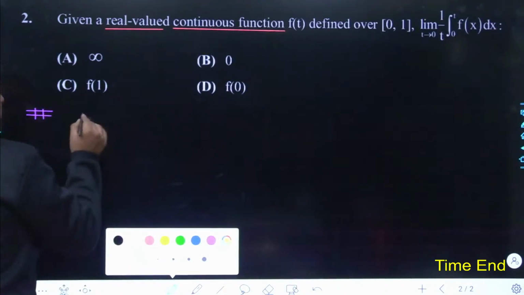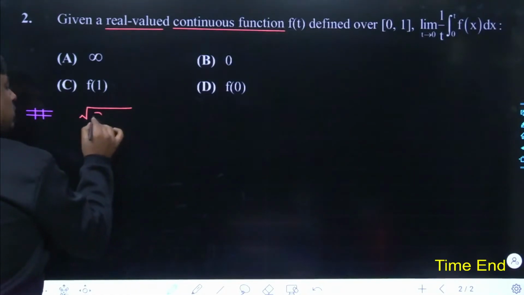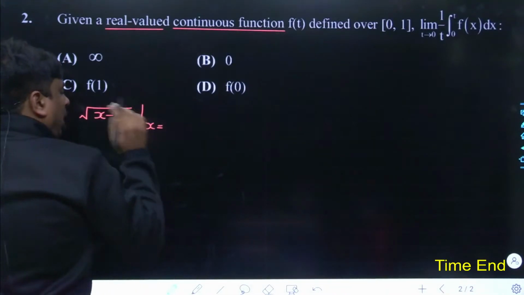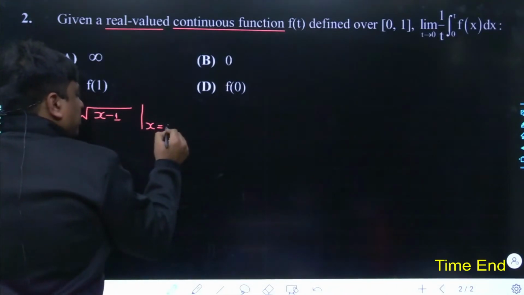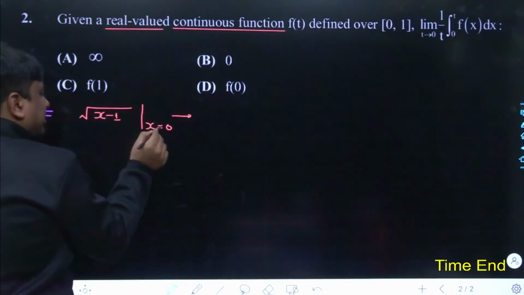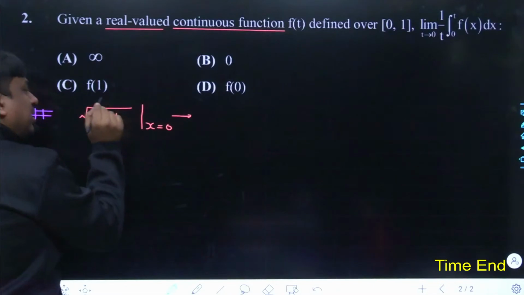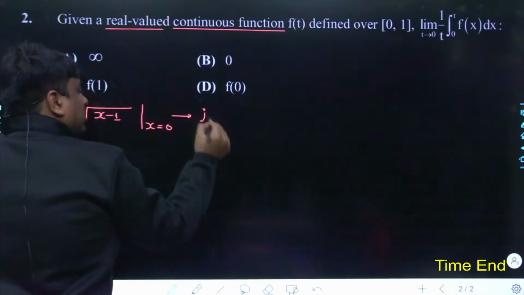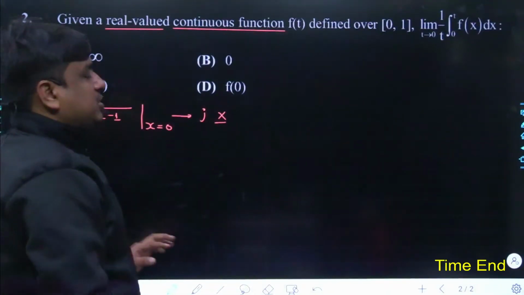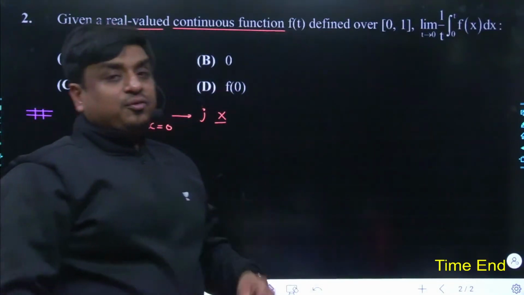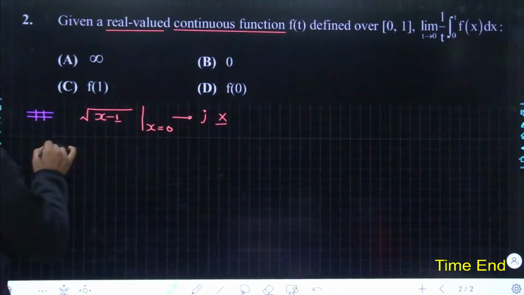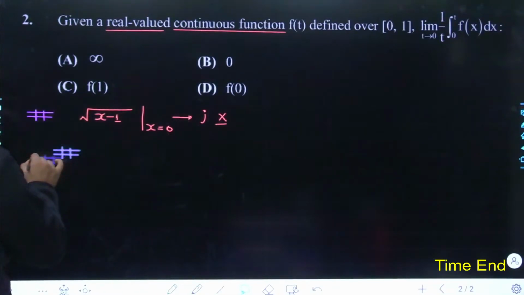If you take a function root over x minus 1, and if you feed x equals 0, then it is going to lead to an imaginary value: 0 minus 1, the square root of minus 1, that is iota. That means this kind of function is not taken while framing this question. The function is continuous and will always lead to a real valued result.